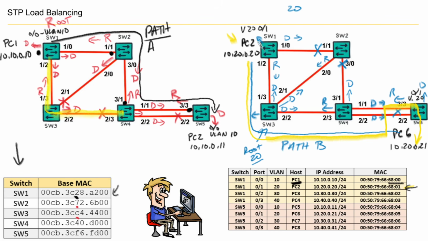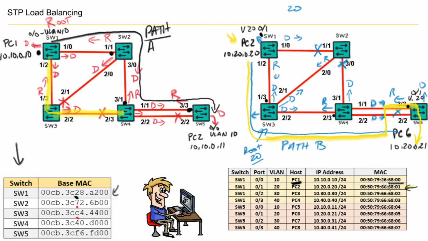We should find it on gig 0/1 on switch 1 for VLAN 20. We should then find it here on 1/3 on switch 3. We should find that MAC address here on 2/3 on switch 4, and on switch 5 we should find it on 3/3 based on that path. And that would also confirm the path that we're literally taking as we forward unicast frames through this network.